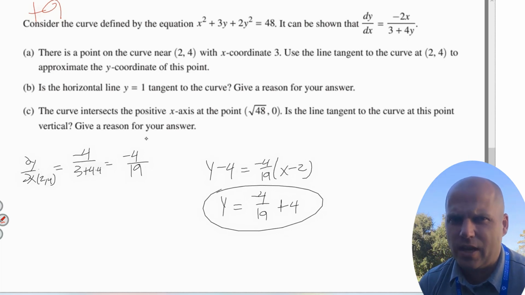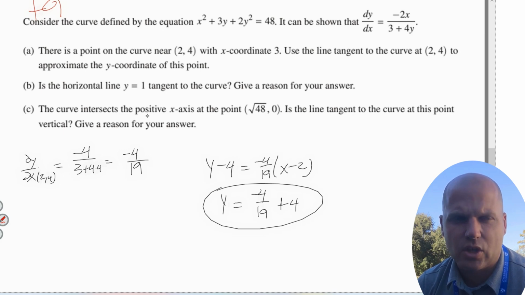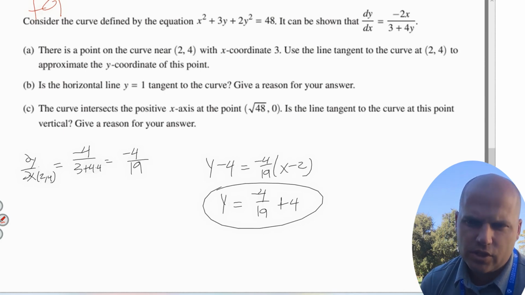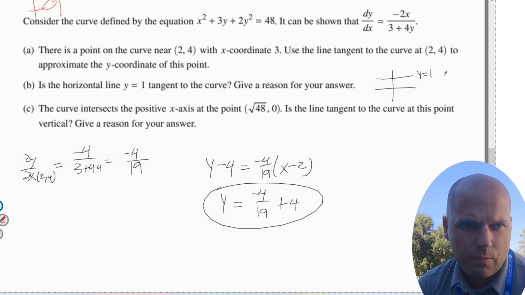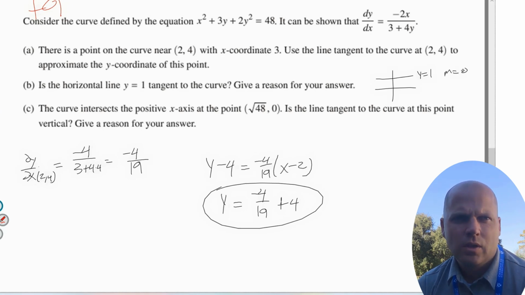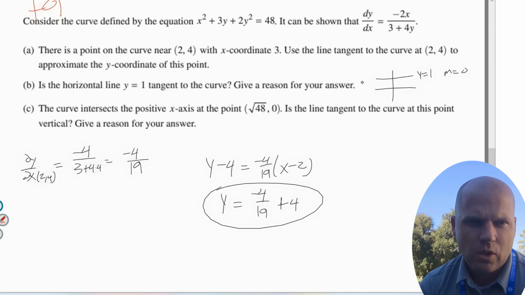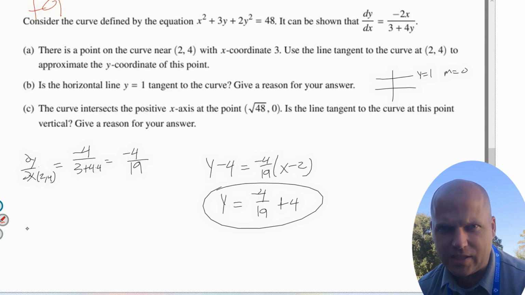Is the horizontal line y equals 1 tangent to the curve? This is a great question. Y equals 1 would have a slope of 0. So do we have a slope of 0 when y equals 1? Well, we have horizontal tangents when x equals 0.